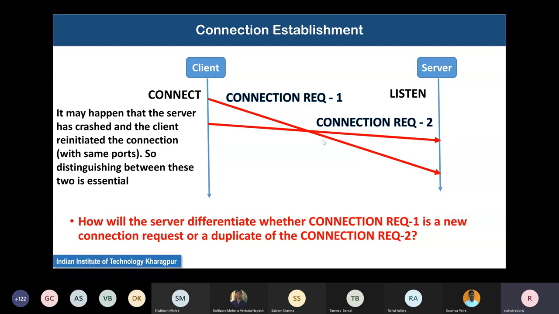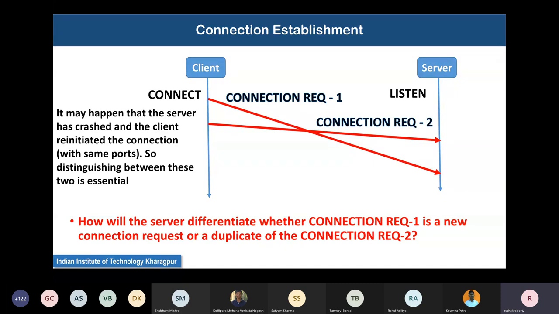Client says, okay, I have not been able to successfully establish the connection. Let me initiate connection request 2 with the same identifier. The server accepts, reaches connection request 2 first, and it starts the connection. The server acknowledges connection request 2 and it starts the connection. But in the meantime, the delayed duplicate connection request 1 comes with the same identifier.